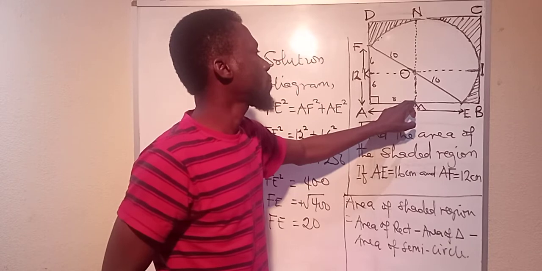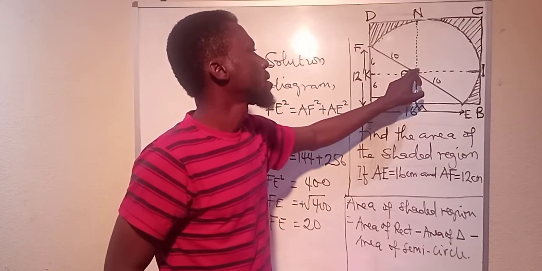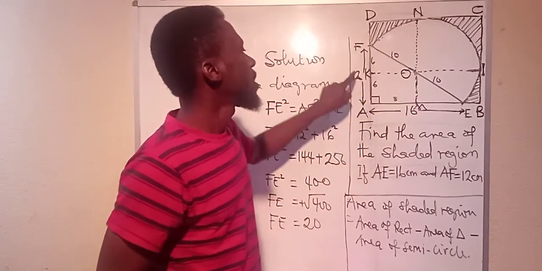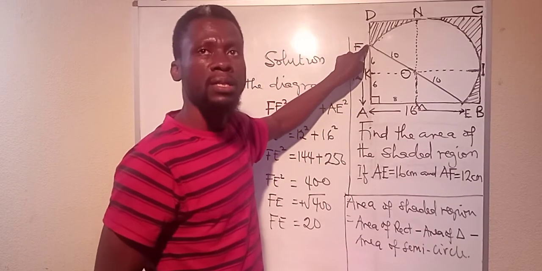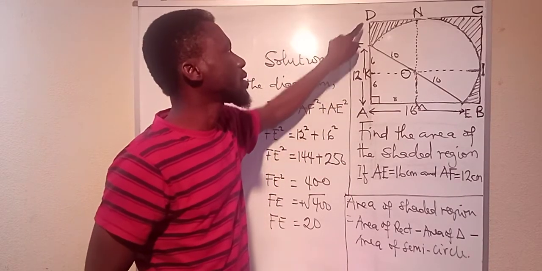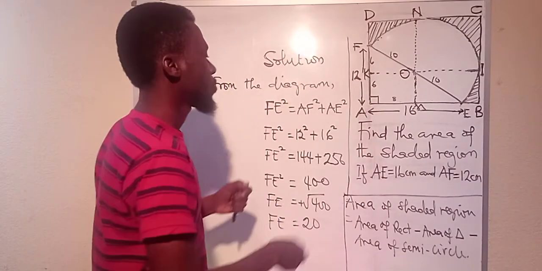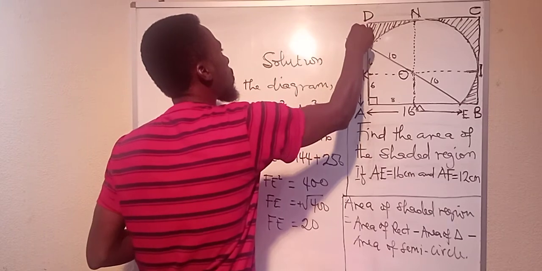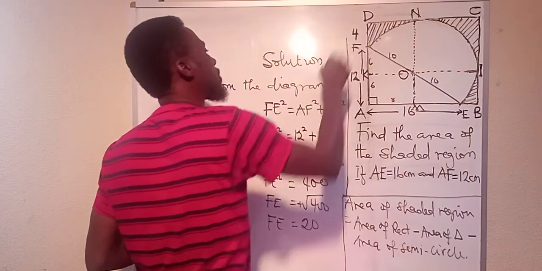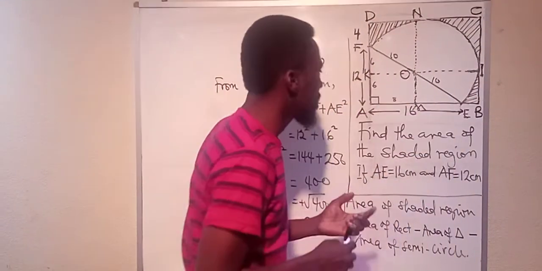From here to here is 6, and 6 plus 10 is 16. And then AF is equal to 12. So if you subtract 12 from 16, what is left? It means DF is 4. So let's put 4 over here. DF is 4.